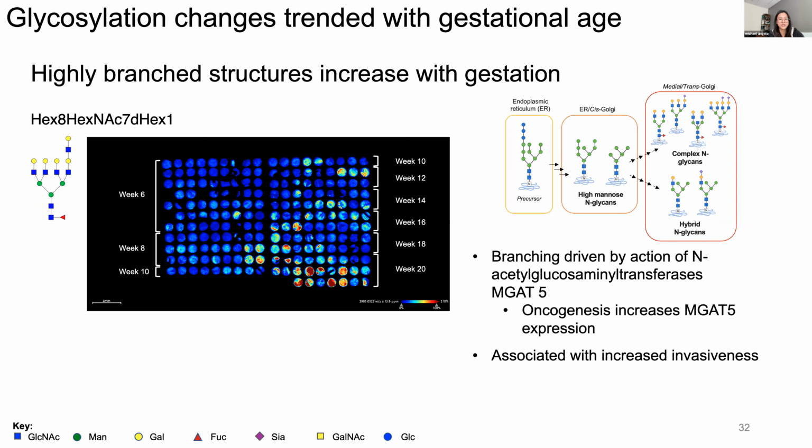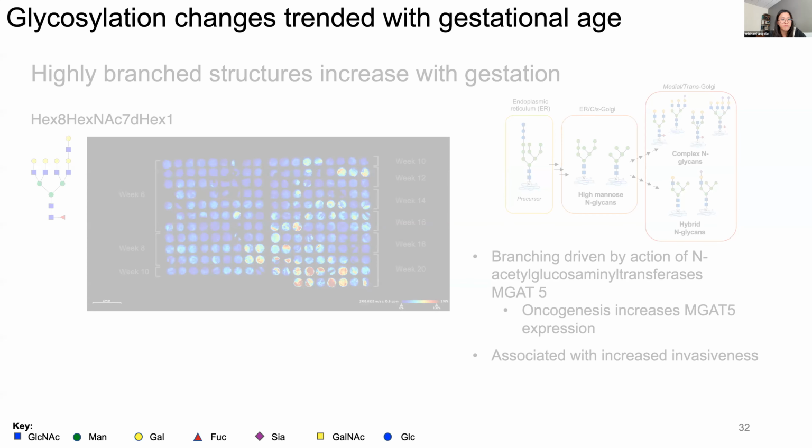Highly branched structures have also been associated with increased invasiveness, and it's often thought that tumors upregulate these highly branched structures to promote invasion. So the main takeaway from this was that highly branched structures increase with gestational age, are associated with MGAT5 expression, and are promoting invasion.